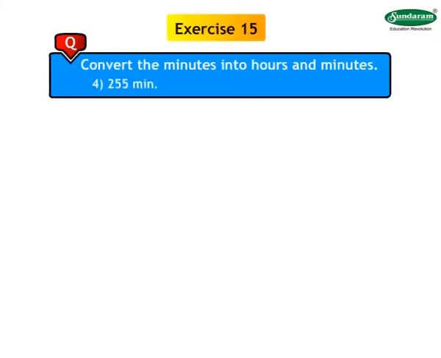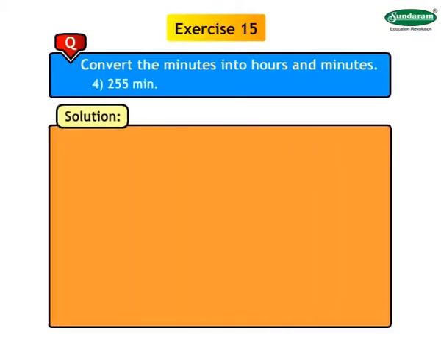4. 255 minutes. Solution. 60 minutes is equal to 1 hour. Therefore, subtract 60 minutes from 255 minutes. Thus, 255 minus 60 is equal to 195 minutes.